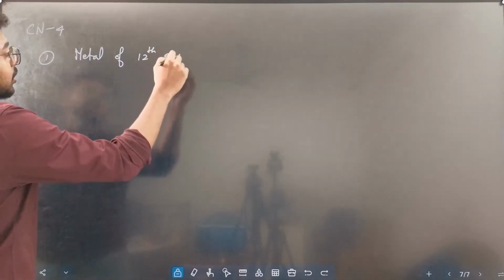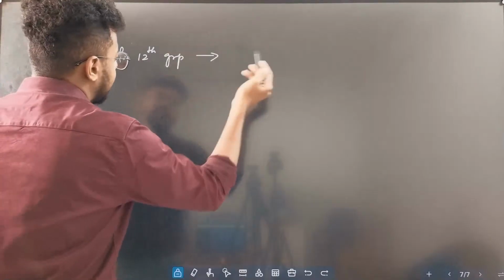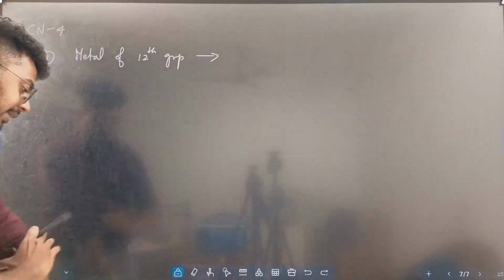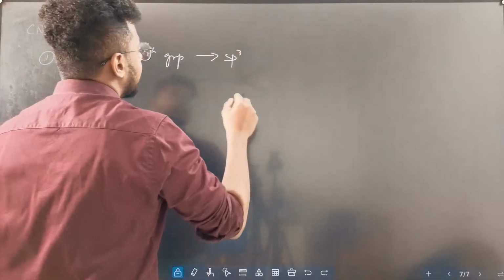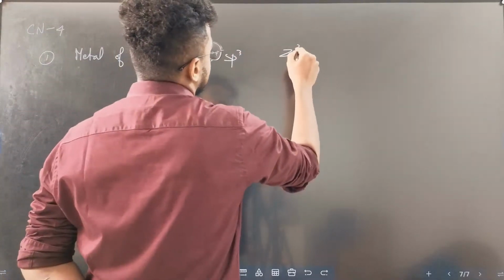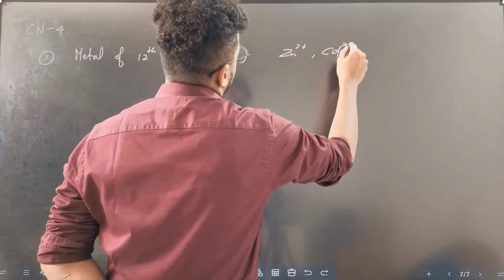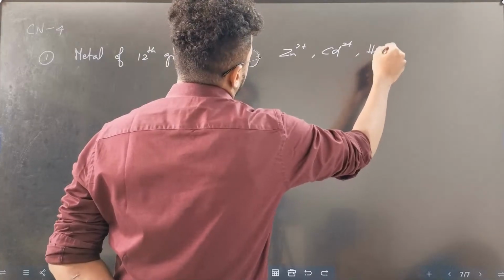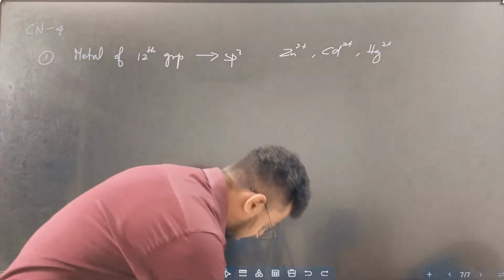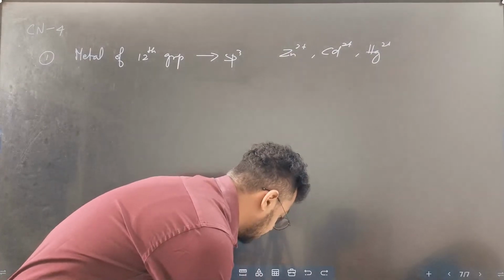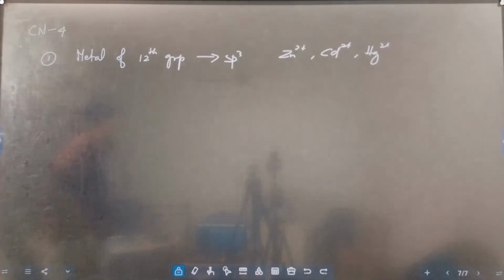The first rule: a metal of the 12th group, with any ligand, you can straight away tell it is sp3 hybridized. That is zinc, cadmium, mercury, the metals of the 12th group.